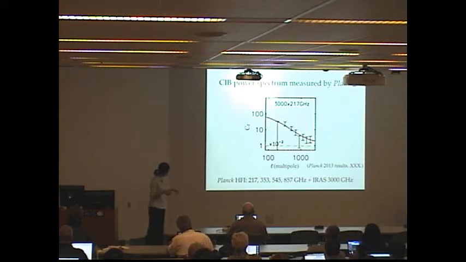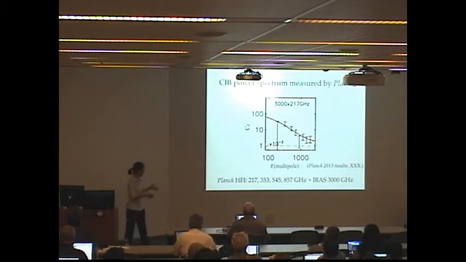And since Planck has so many wavebands, we can measure the auto and cross power between these different bands. At 217 gigahertz, it's dominated by CMB, and at 3000 gigahertz, it's actually dominated by galactic dust. So this is roughly the frequency or wavelength range that we can observe: this is 100 micron, and this is about 1500 micron.